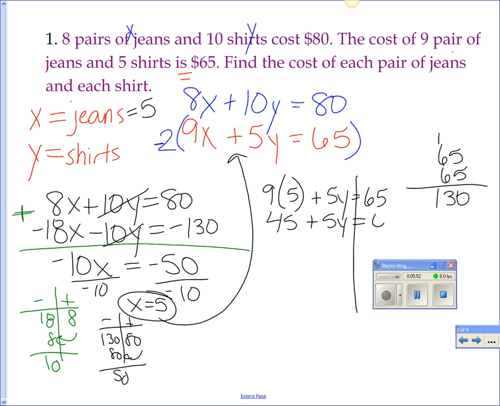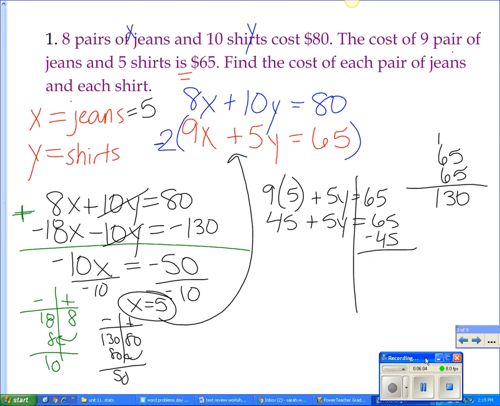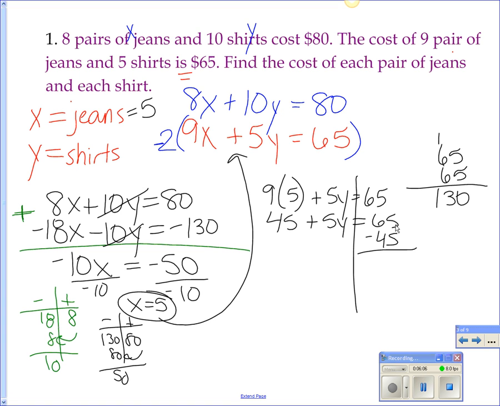Jacob King, which one of these numbers moves to the other side? And I subtract it. Monica, what's 65 minus 45? 5 minus 5 is? And 6 minus 4 is? 2. So I get 5y equals 20.